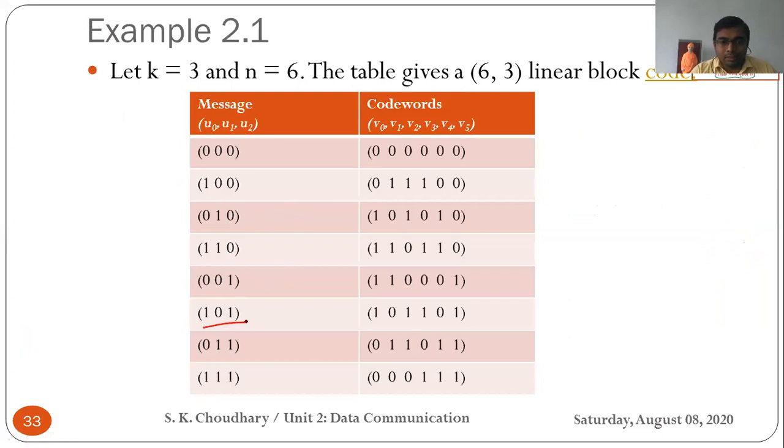Where there is 101, the corresponding value of the code word is 101101. So whatever procedure we used: we first defined the generator matrix, then multiplied U with the generator matrix, and finally performed the modulo 2 addition and got the final 6-bit code word.